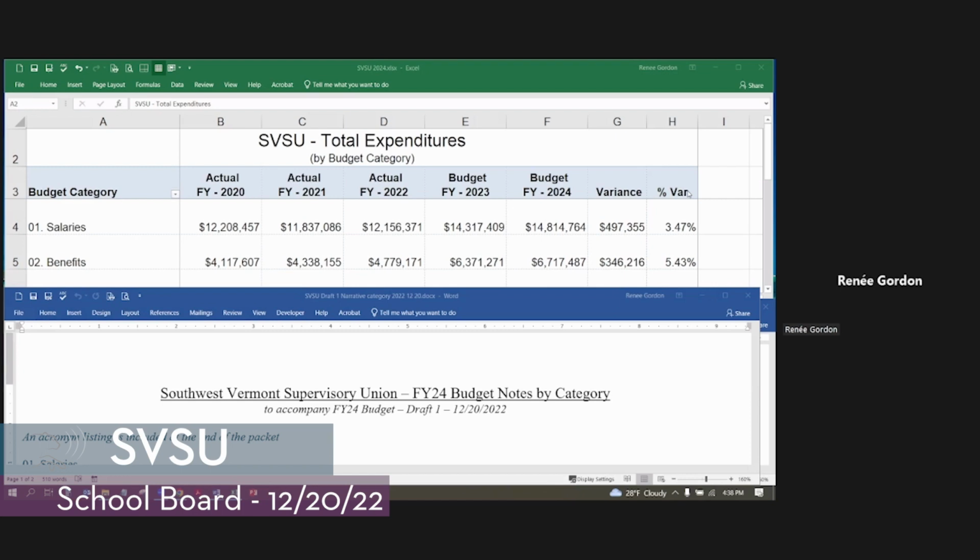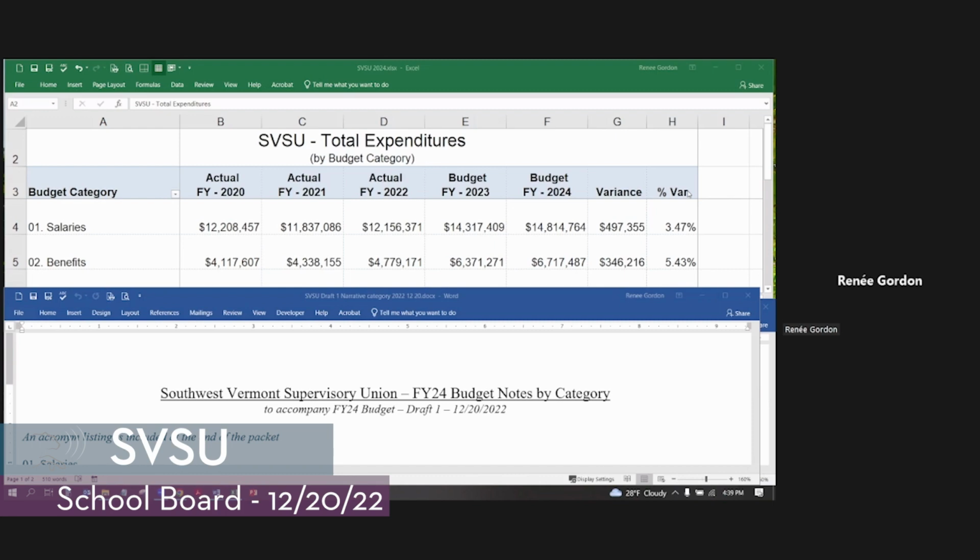And I also did incorporate the new salary grid of the registered behavior technician, which is a new grouping of the educational support personnel contract. These are folks that typically would be serving in the New England Center for Children Autism program as that support staff. And there's additional trainings and certification that they can go through to bump them up into that newer salary grid range. So that has been incorporated in the budget you have before you.